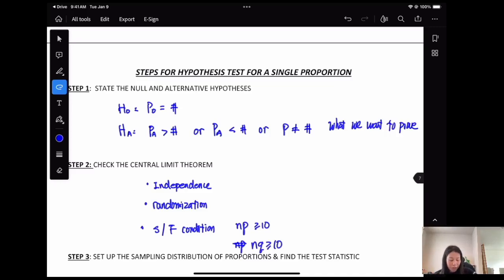So the p should be the population proportion, which is your null hypothesis, should be the same as the null hypothesis.